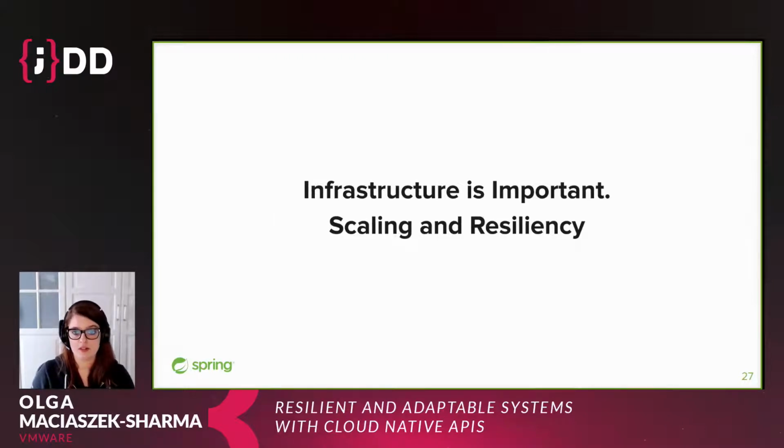Also, infrastructure is important. Scaling and resiliency definitely have an impact on our APIs, and whether your infrastructure is just straight on-prem, serverless, or arranged in a different way over different infrastructure, will impact the ways that your applications communicate with each other.